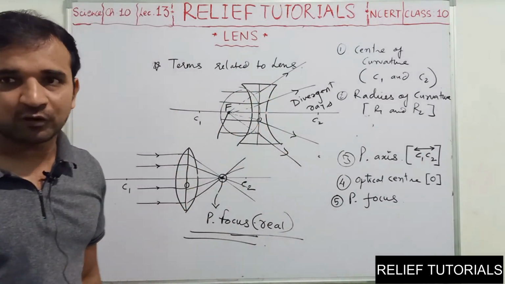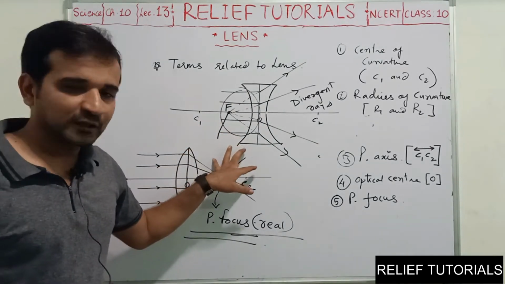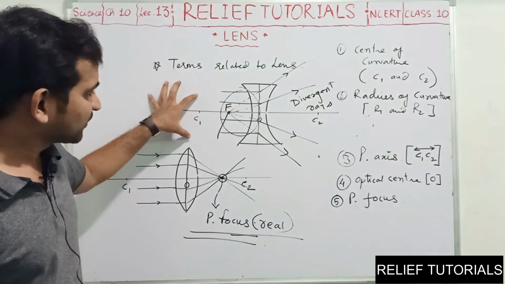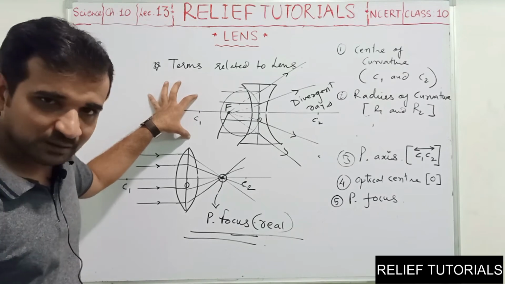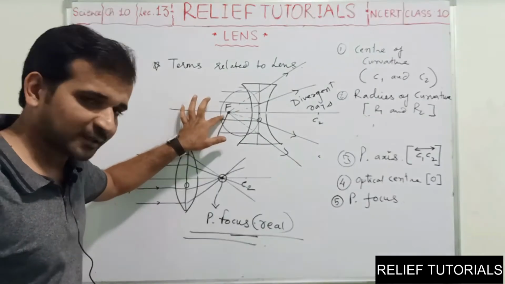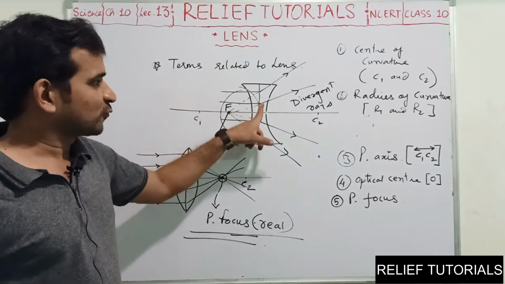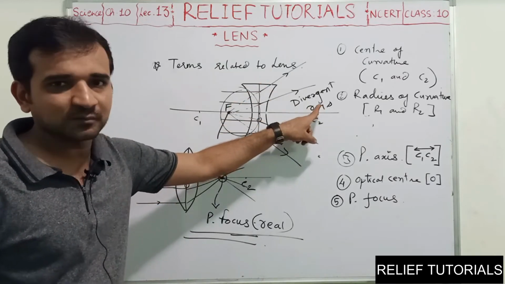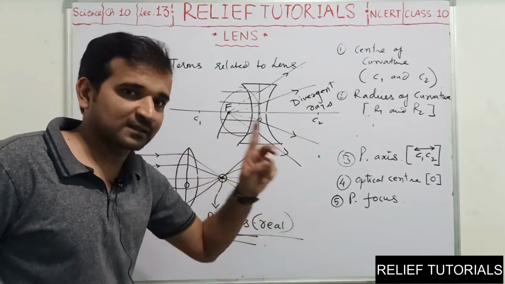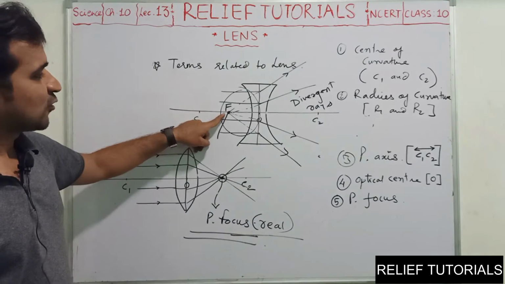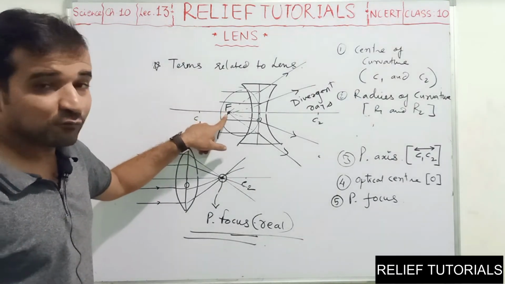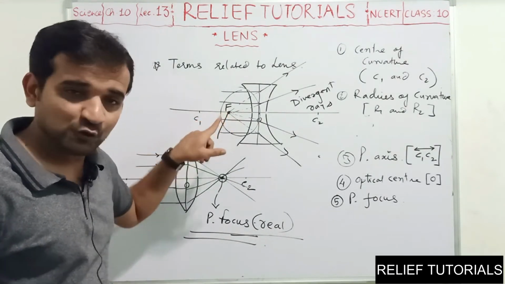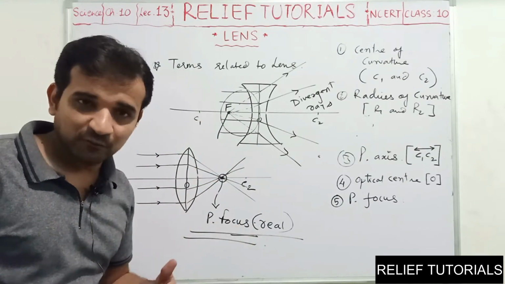So in the case of concave lens, with the object placed on the left hand side, its principal focus is on the same side, means the left hand side. If you place the object on the right, its principal focus is on the right. Second thing, in the case of concave, principal focus is virtual because the rays are virtually meeting on the same side of the object.